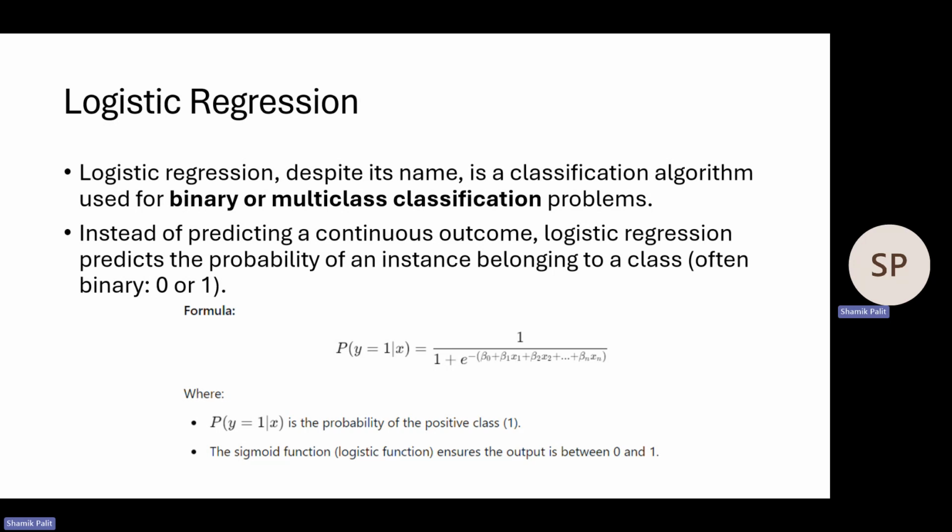That's what is known as a binary type of problem. If you look at this equation, you can understand that it is nothing but finding the probability of the positive class. The most important role in logistic regression is played by the sigmoid function, which assures us that the probability is always between 0 and 1.